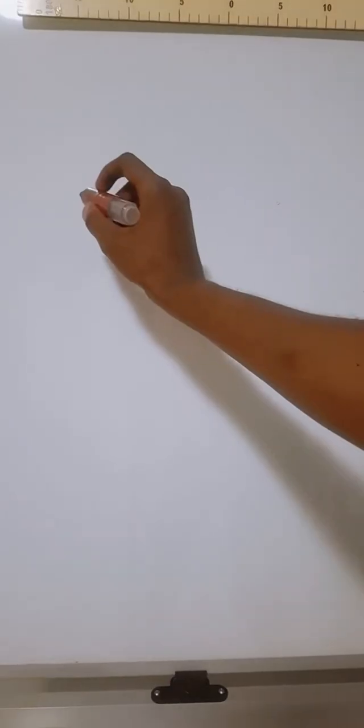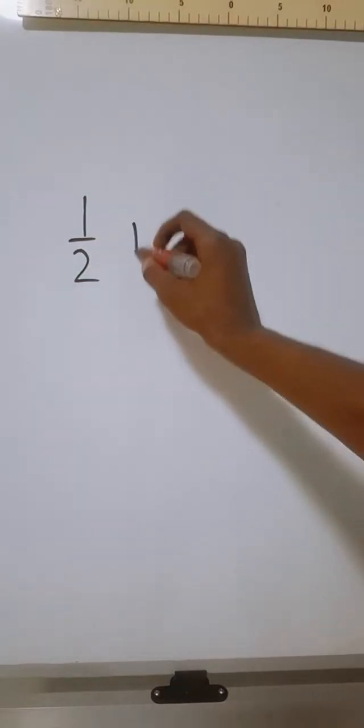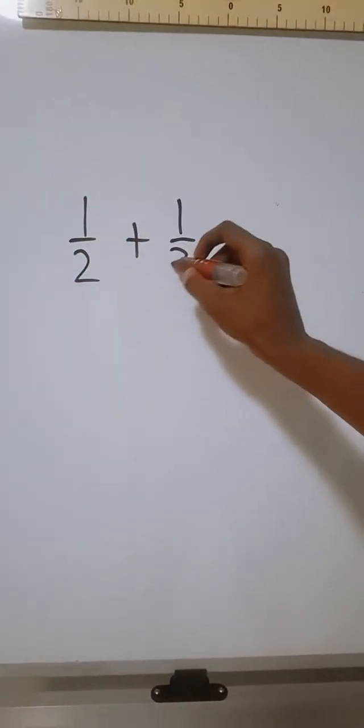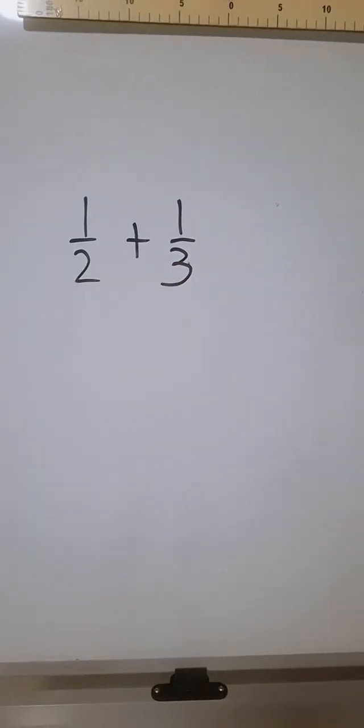Okay, so if Tando is in grade 11, what topic are you guys currently busy with at school at the moment? One over 2 plus 1 over 3, step by step. I don't want the answer.